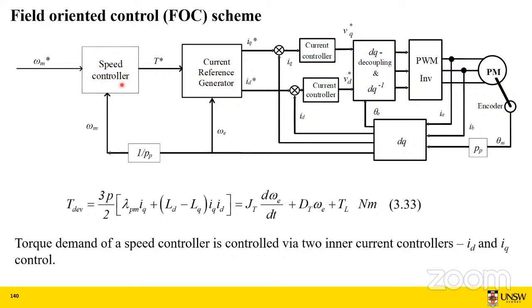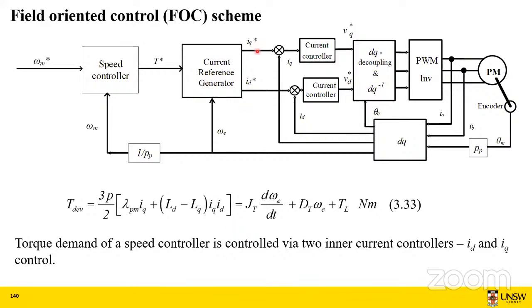And if it's a PI controller, the output of it is the torque that is required to run the motor at this particular speed. This is our reference torque. To produce this reference torque, we need to have certain ID current and certain IQ current from our torque equation. So those ID and IQ current references can be generated based on what operating condition we want to drive our motor.